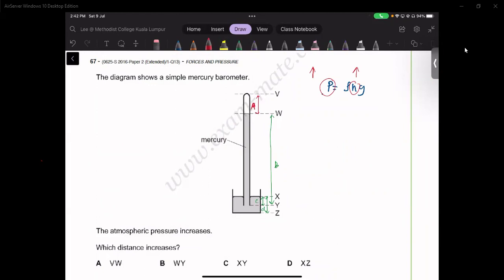What, the H has become bigger. This is my H, right? So if H increases, which one should increase? The H is taller, because pressure increases.